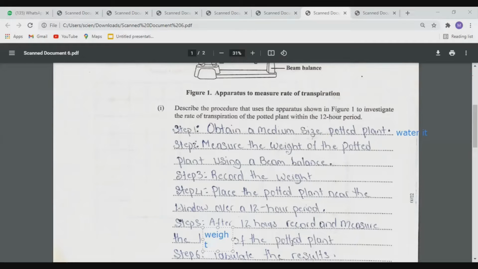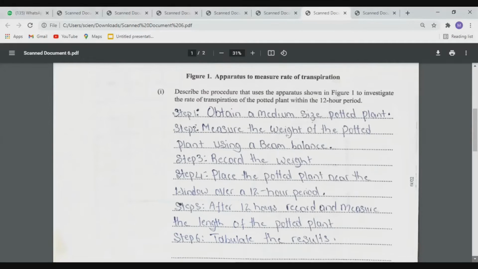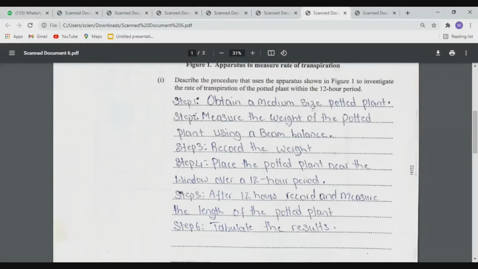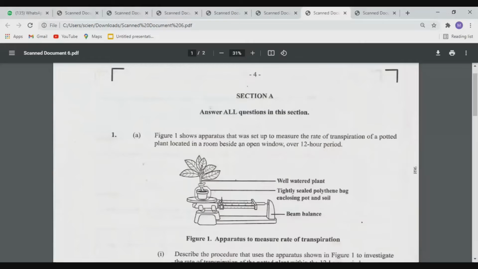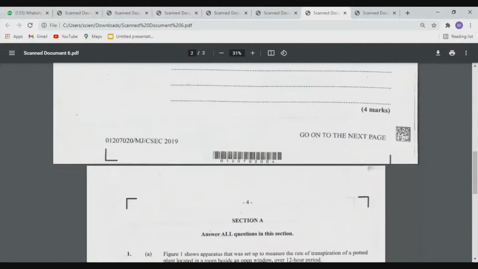And then 6, tabulate the results. And tabulate, if you don't know, it means to create a table with the results. All right. So with that, we would have created a good procedure.